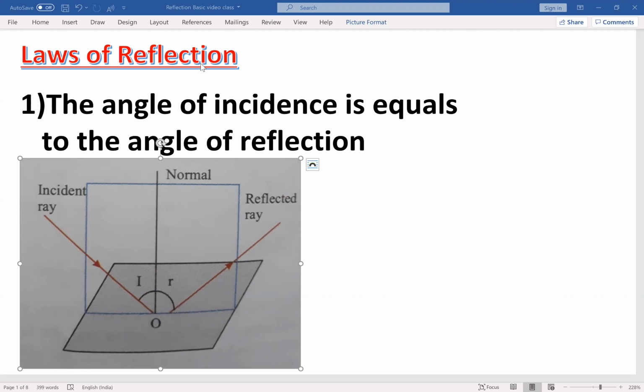It means angle I is equal to angle R. Normally we can denote the angle of incidence and angle of reflection with small letters.